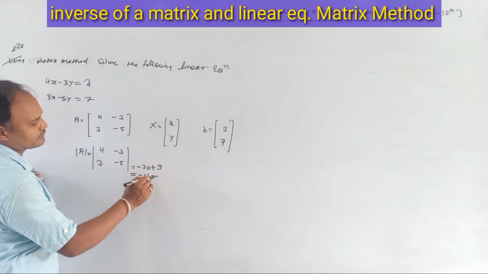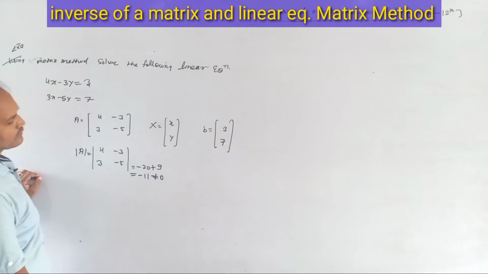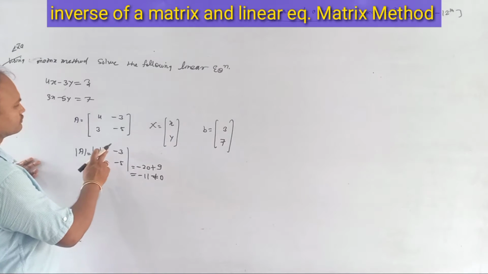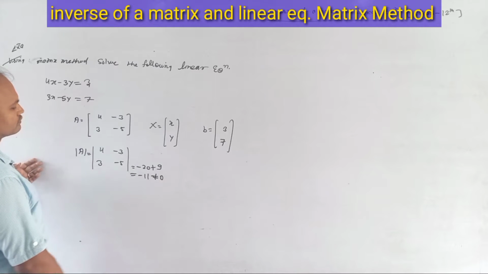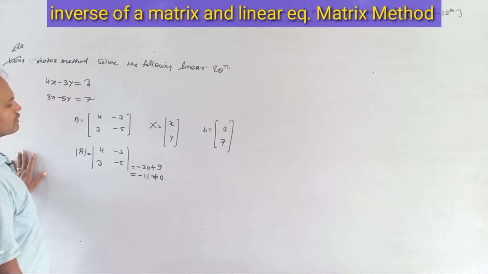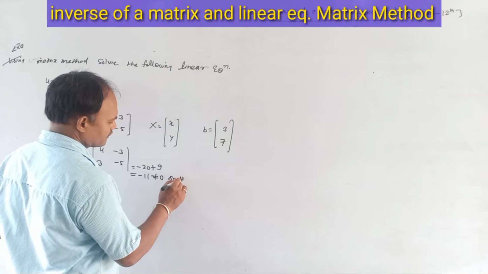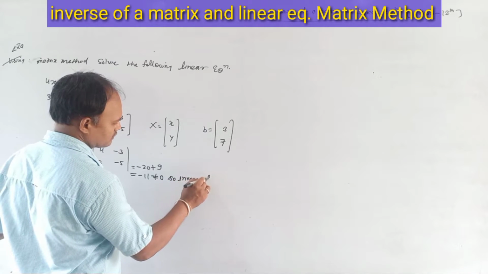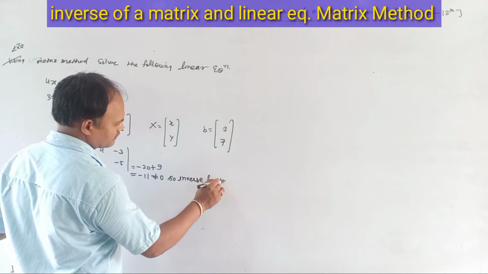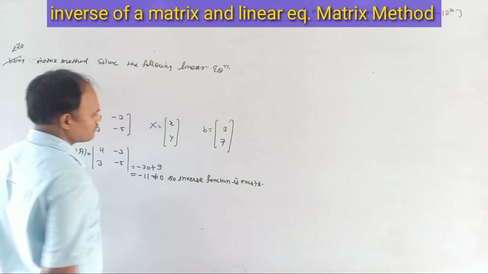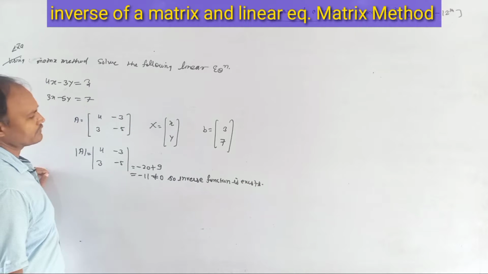Determinant of A is not 0, so the inverse of A exists. So we can find the inverse now.